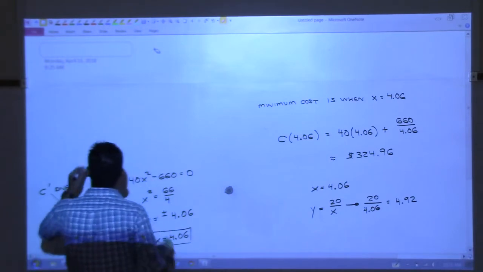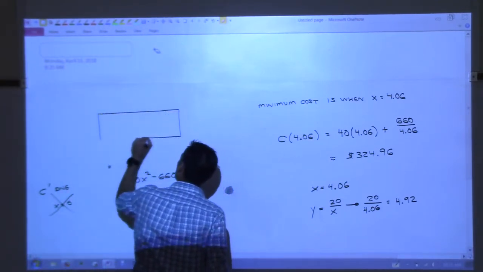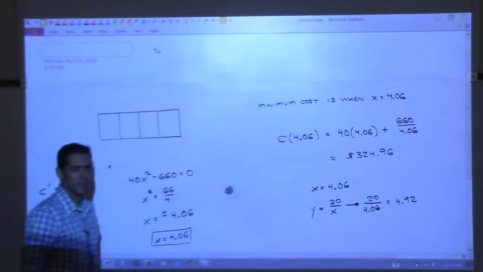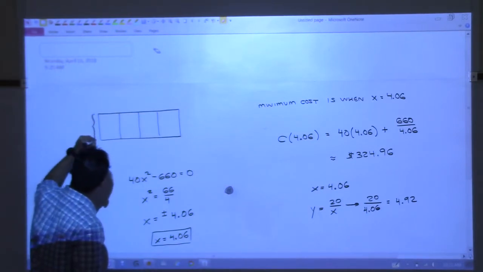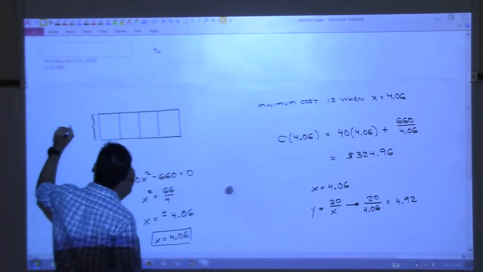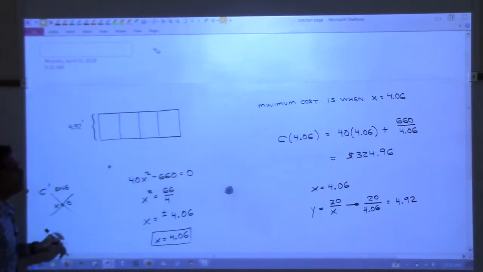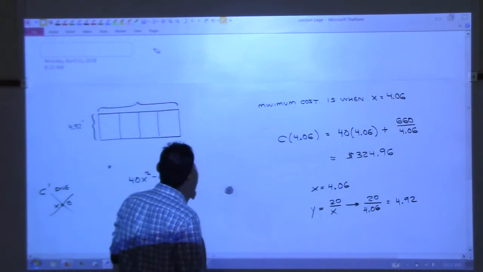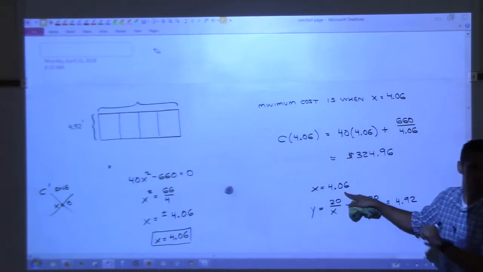So let me go back over to this pen. There we go, like that. I want to build it so that this side right here is 4.92 feet. And I want to build it so that this side right here is 4.06 times 4 of them, right?